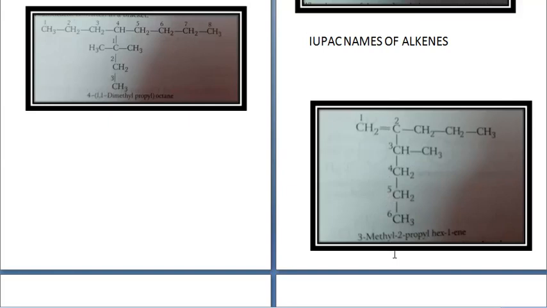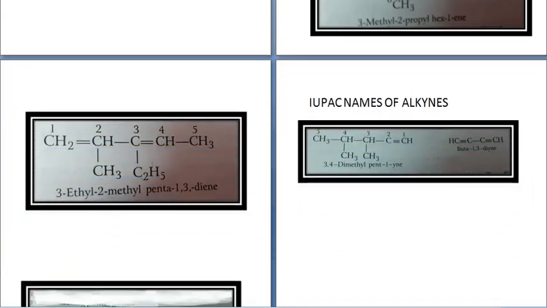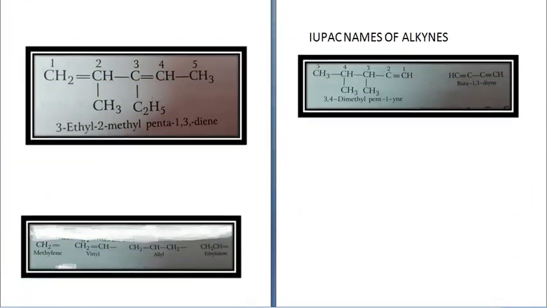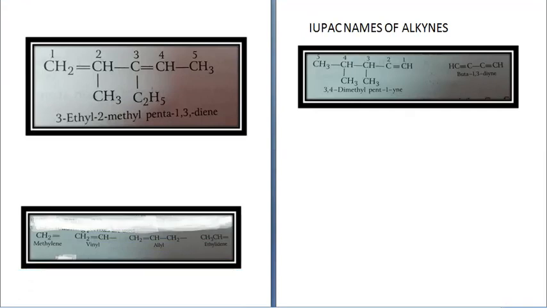Now if a molecule contains 2 or more double bonds, let us see the next condition. If in a molecule there are 2 or more double bonds, the common IUPAC name is alkadiene or alkatriene.